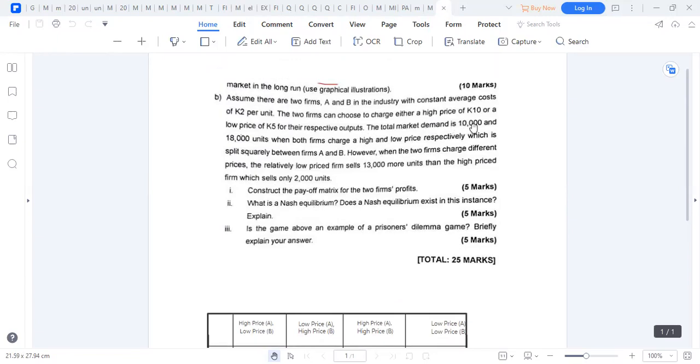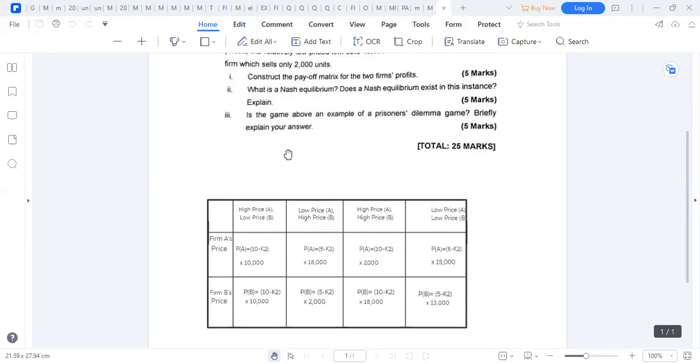So the total market demand is what? 10,000, and we're told that the high price is 10 kwacha per unit, and the low price is 5 kwacha per unit. So we have this matrix or a quadrant that you need to understand very carefully. So you can choose to draw it in 4 squares, or for the sake of calculations, these are just the workings. So I have firm A with a high price and firm B with low price.